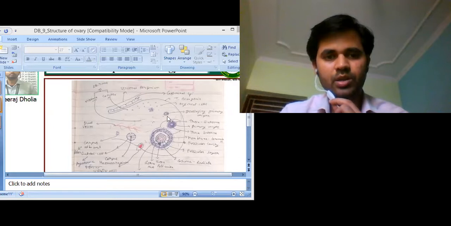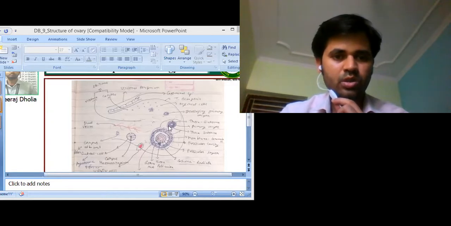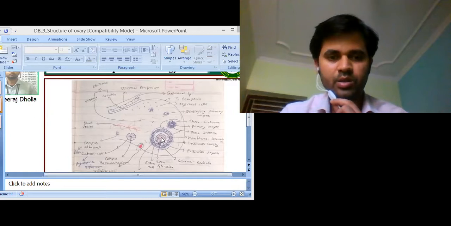The various phases of the development of the ovum from the primordial germ cell we have already studied in the phases of oogenesis, and here we will discuss only the anatomy or the structure of the ovary. The secondary oocyte inside here is covered by various layers and membranes.